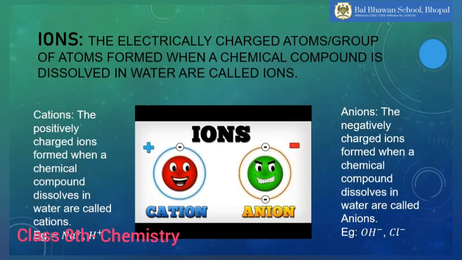Cations are the positively charged ions, for example, the sodium ion, copper ion or hydrogen ion. Anions are the negatively charged ions like chloride ion or hydroxyl ion, etc.